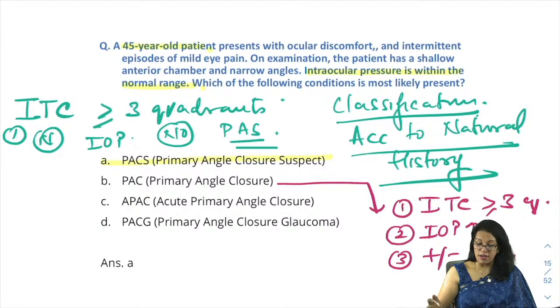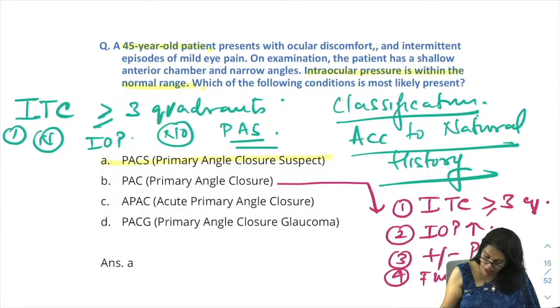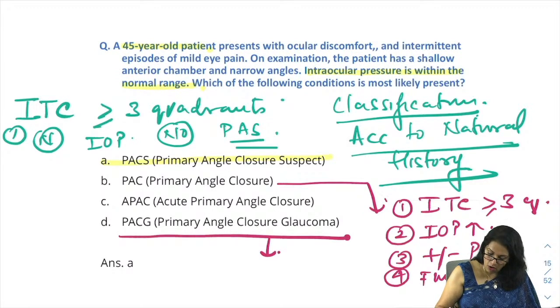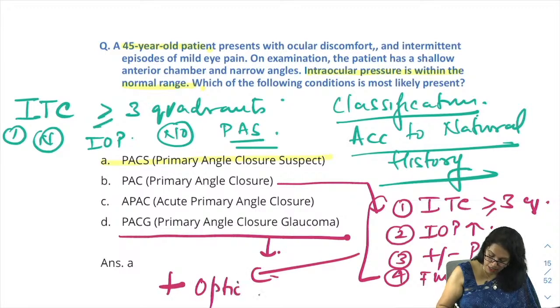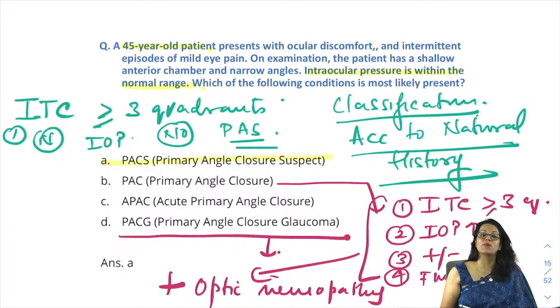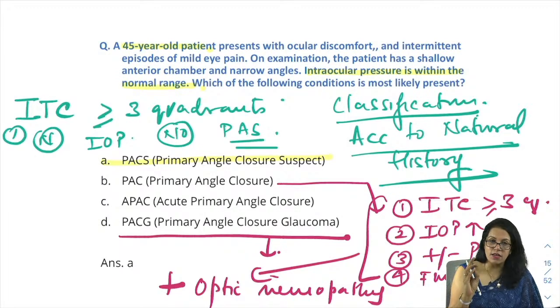But here again, fundus is normal, नर्व में कोई changes नहीं, there is no damage in the nerve, fundus is normal. Now when we come to angle closure glaucoma, this is the stage, all these features plus optic neuropathy, optic nerve changes, this is what is called primary angle closure glaucoma. Easy हो गया? So, क्या क्या पढ़ा? ITC of more than or equal to 3 quadrants.